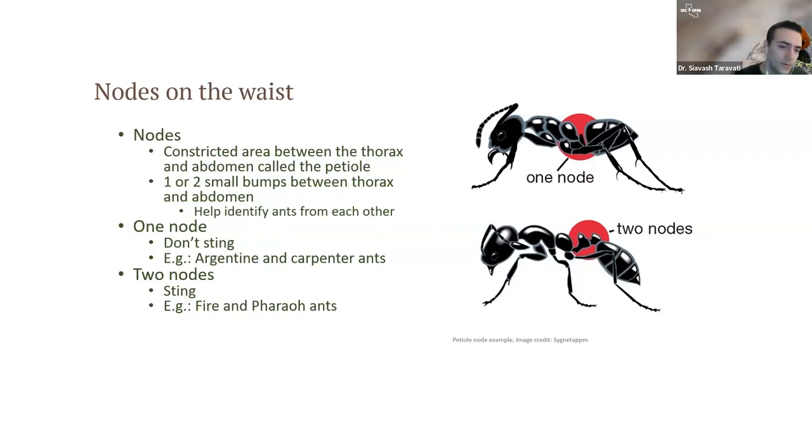But for the ones with one node, they usually spray stuff on their enemy or when they get disturbed, but they don't sting other ants or animals. So the Argentine ant is an example of an ant with one node that doesn't sting. And of course, fire ants and big-headed ants and pharaoh ants and little fire ants and many other ones can sting.